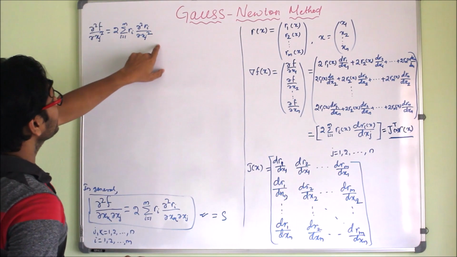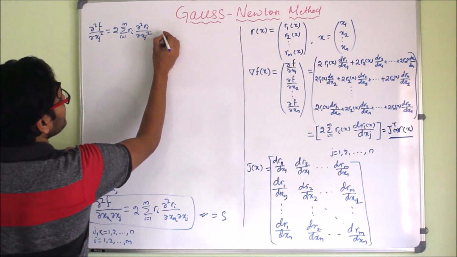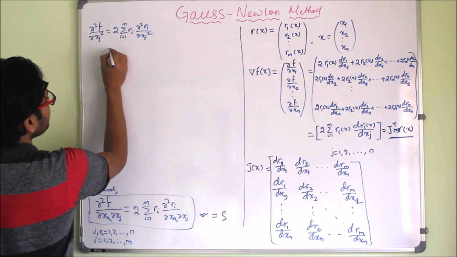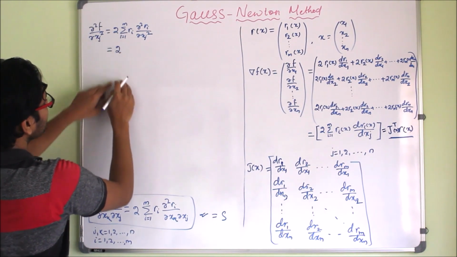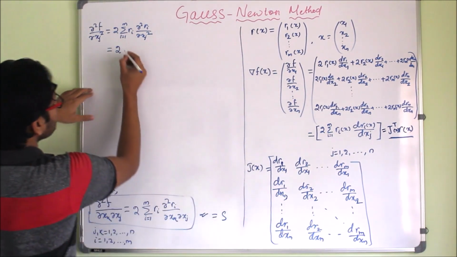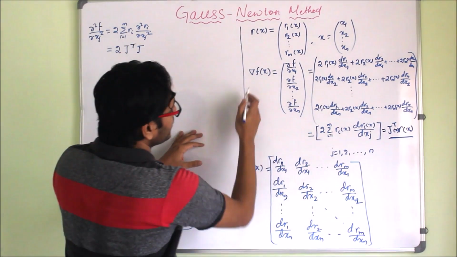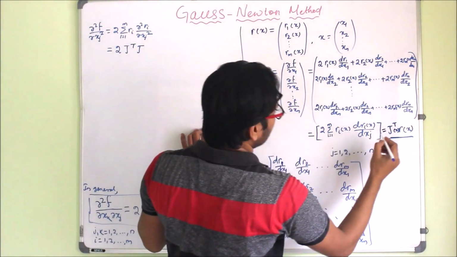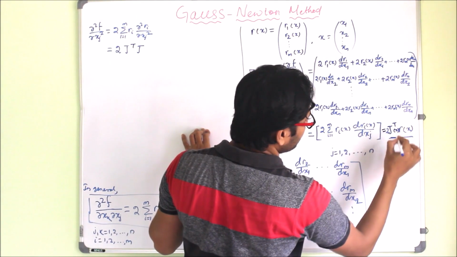If I take these terms, then we can see this is 2 into J transpose J. Here ∇f(x) is 2 into this.